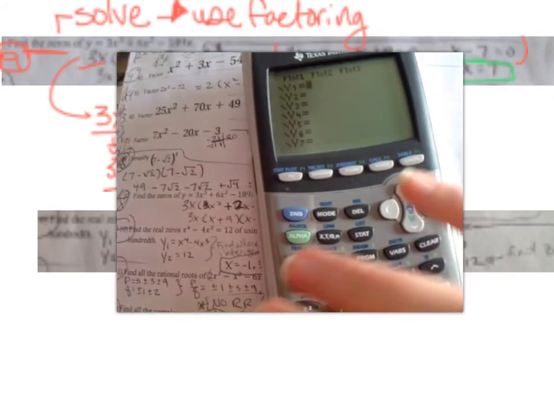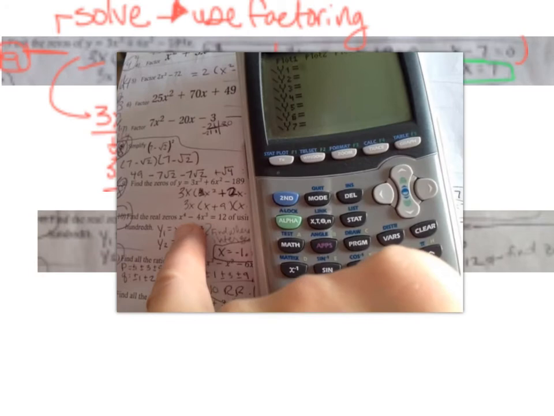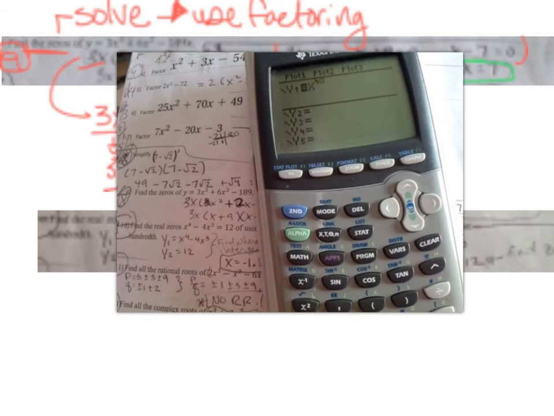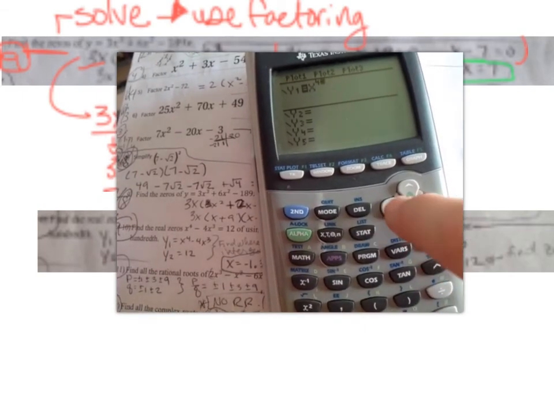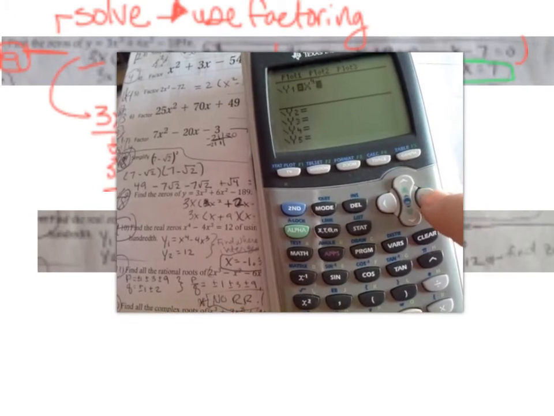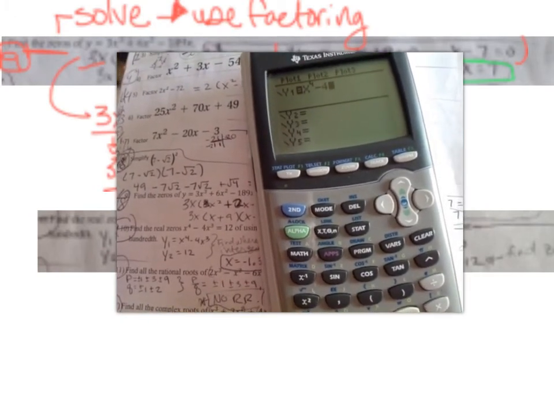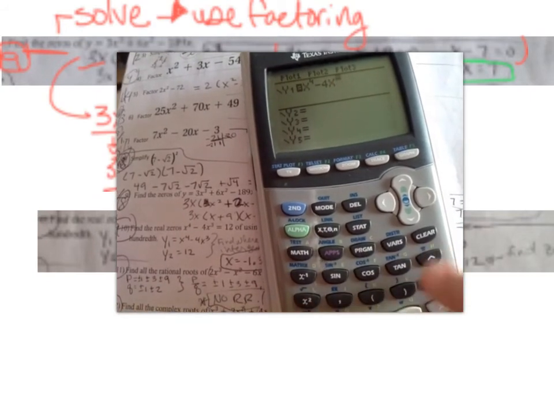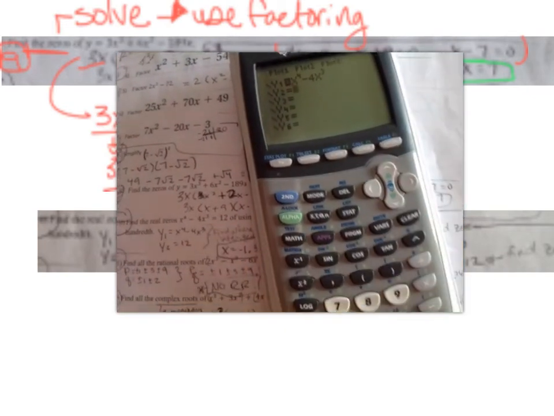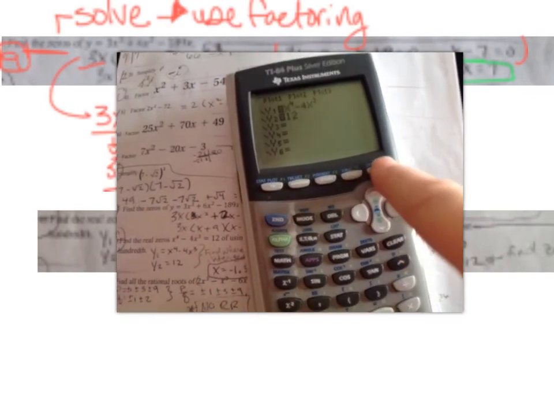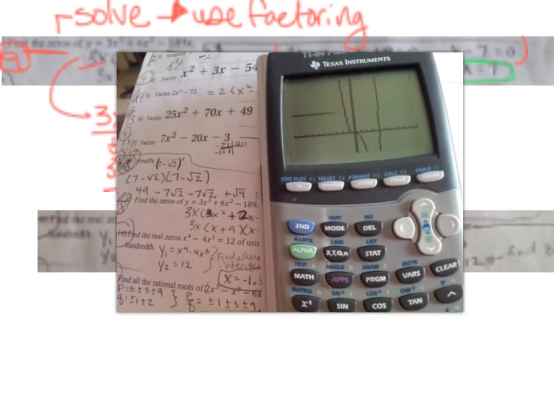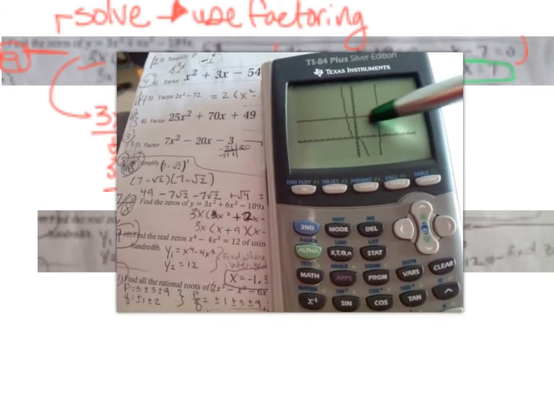So we have x to the 4th minus 4x cubed as one of the equations. My second equation is going to be 12. And then when I graph them, just making sure everything shows up. That's my first side, and then this is my y equals 12.